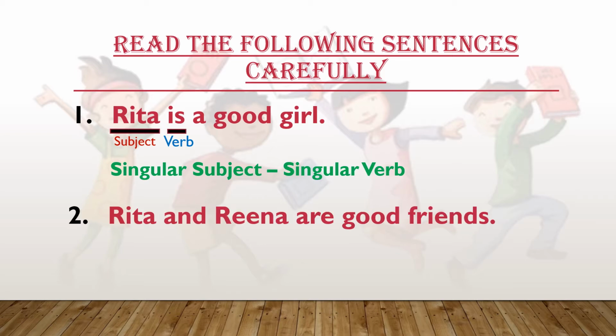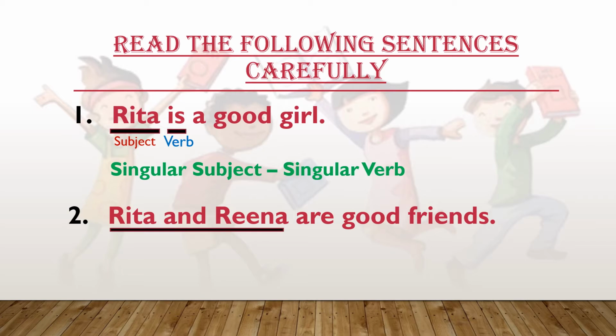Rita and Reena are good friends. Now, whom are we talking about in this sentence? Yes, we are talking about two people here, Rita and Reena. Both of them are our subject in the sentence. But here, the subject is not singular. Here we have two girls. We're talking about two girls.